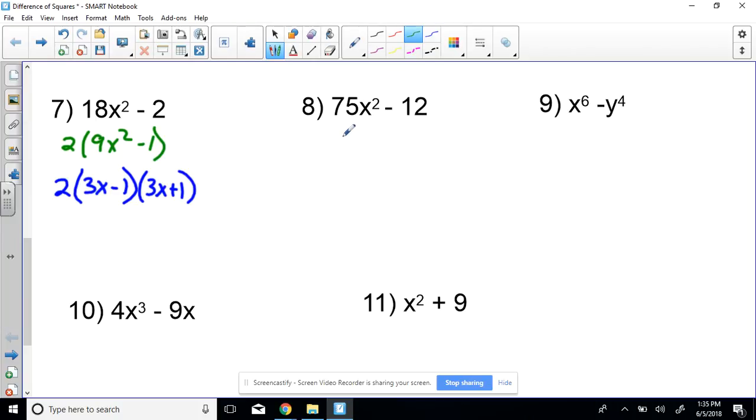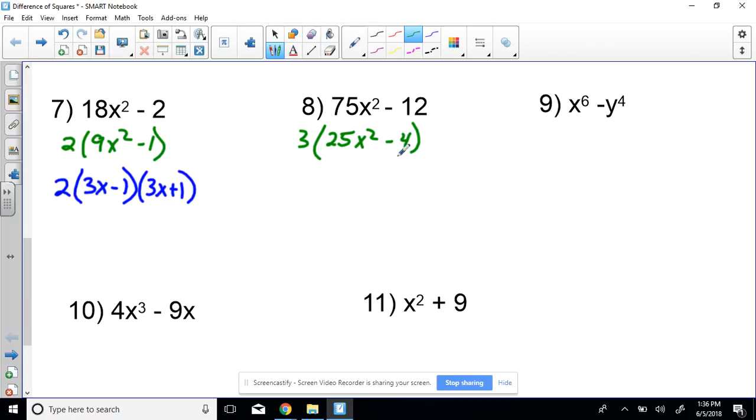Let's do another one like that. We cannot take the square root of 75, and we cannot take the square root of 12. So a number that will go into both of these would be 3. If I pulled a 3 out, that would be 25. 3 times 25 is 75, x squared, minus 4. 3 times 4 is 12.